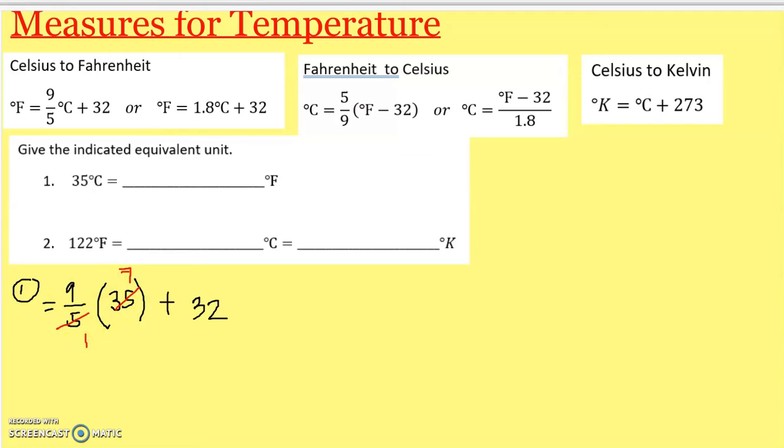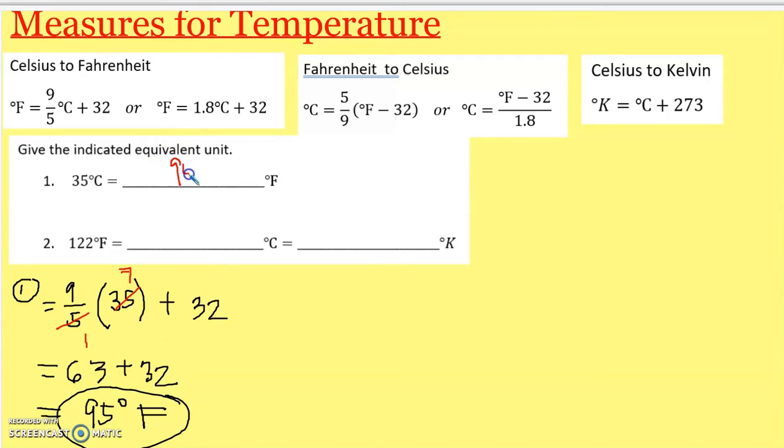So 9 times 7 is 63. Added to 32, there you have 95. And affix the unit of measure, degrees Fahrenheit. So we have 95 degrees Fahrenheit. We write that here.